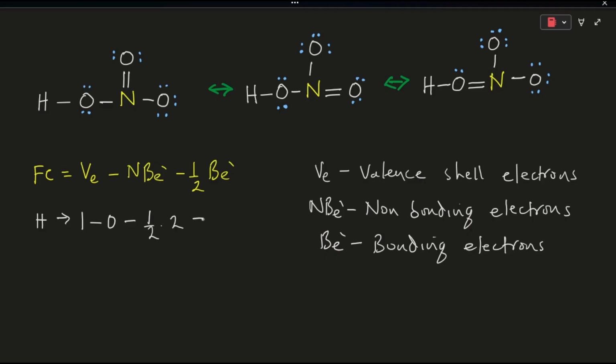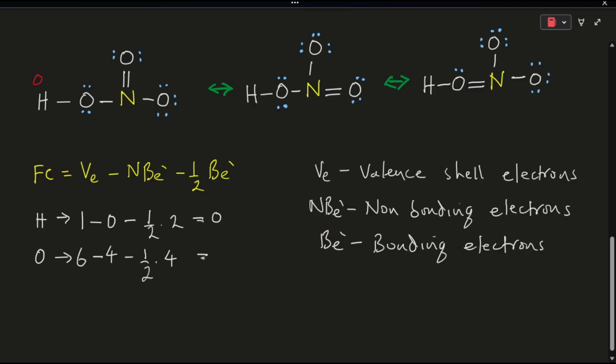So hydrogen has a formal charge of 0. This oxygen, valence shell electrons of oxygen is 6. The non-bonding electrons are 4. And the bonding electrons, we have 2 here and also 2 here. So this oxygen has a formal charge of 0.